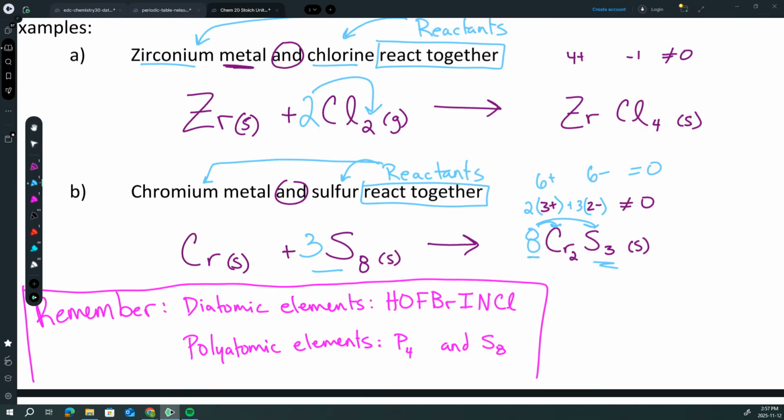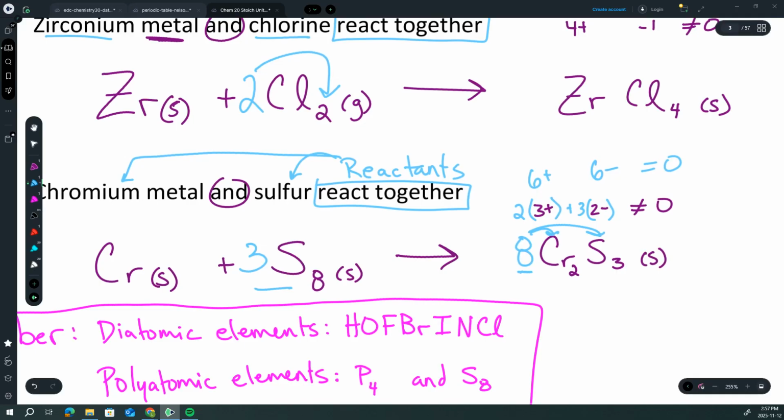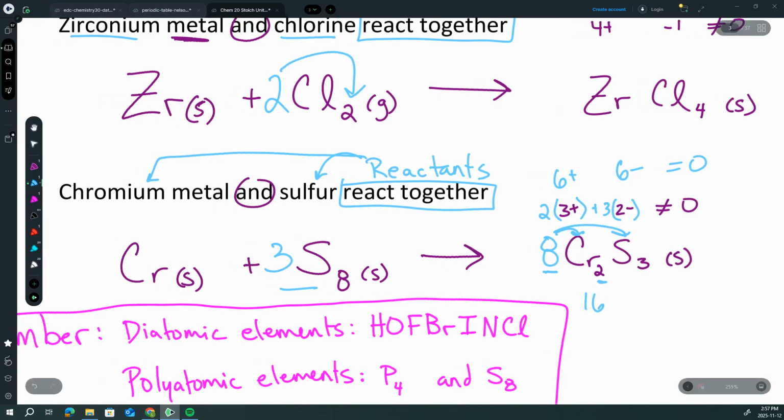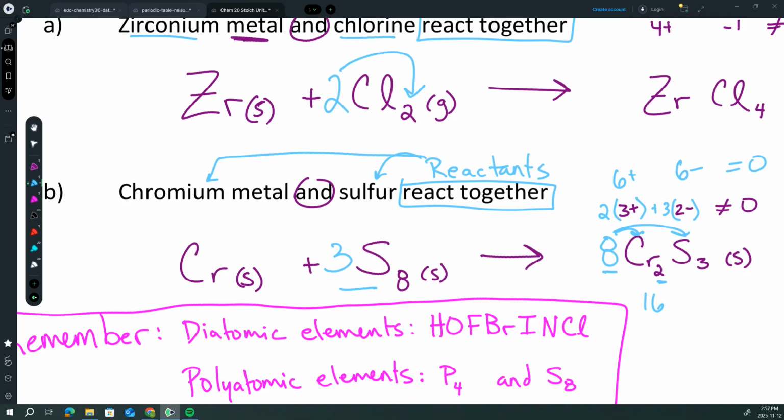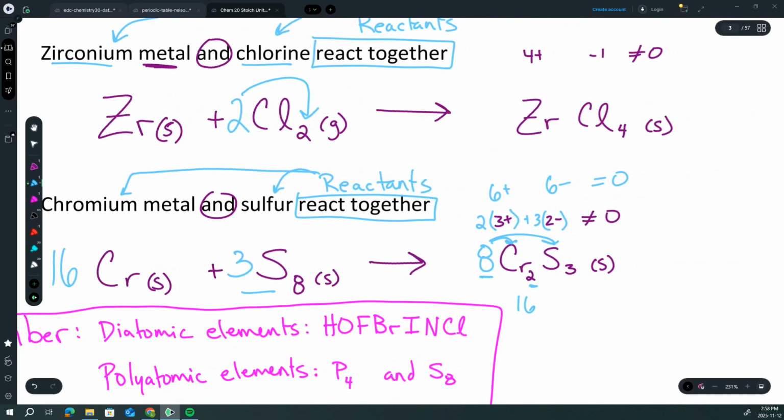However, that 8 coefficient here didn't just affect the amount of sulfur, it also affected the amount of chromiums. So now we have 8 times 2 chromium, so we have 16 chromium. Since there's 16 chromium coming out, we need to make sure that there's 16 chromium coming in. So by starting with sulfur, it makes it a lot easier to balance out the rest of this equation. Now just FYI, I'm just going to clean this up a little bit.